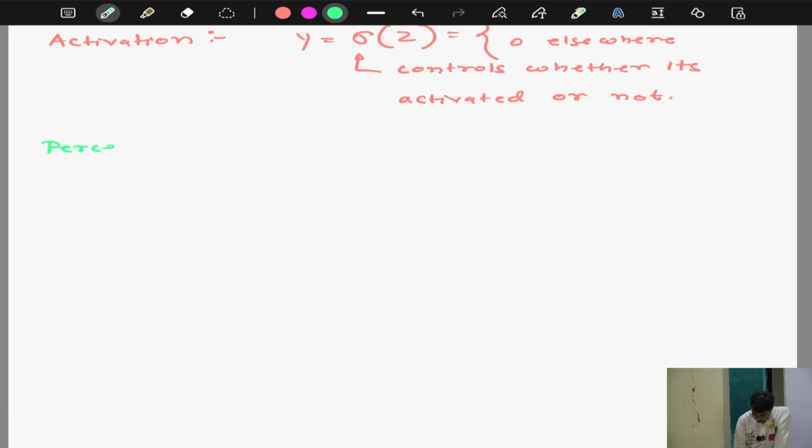So, perceptron. In perceptron you have what?